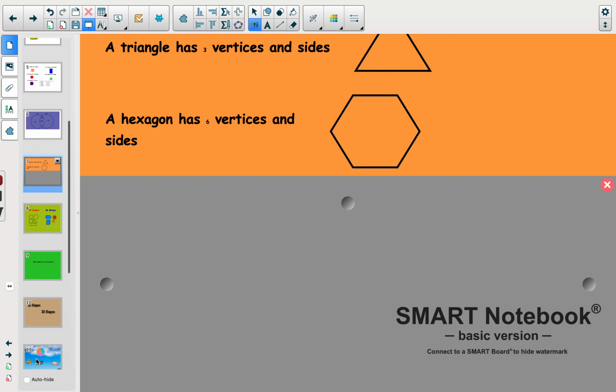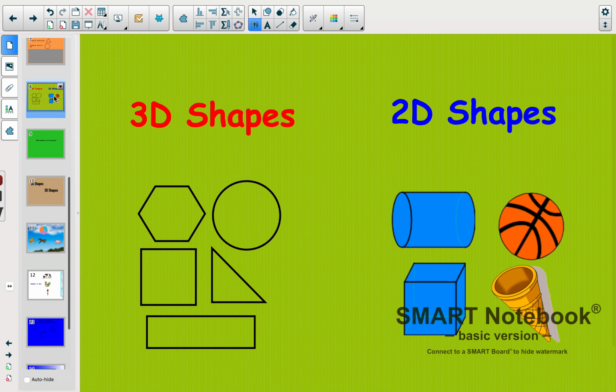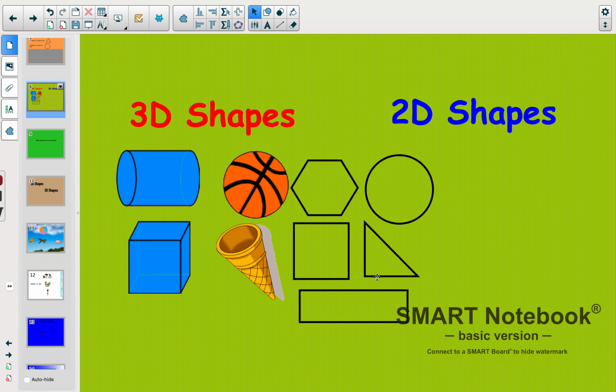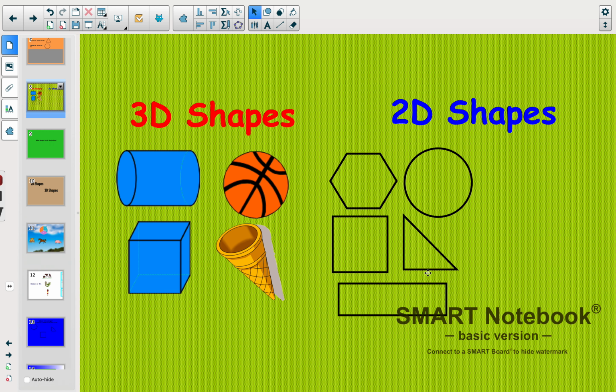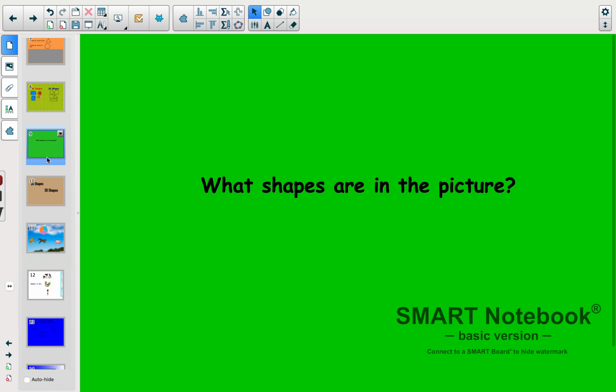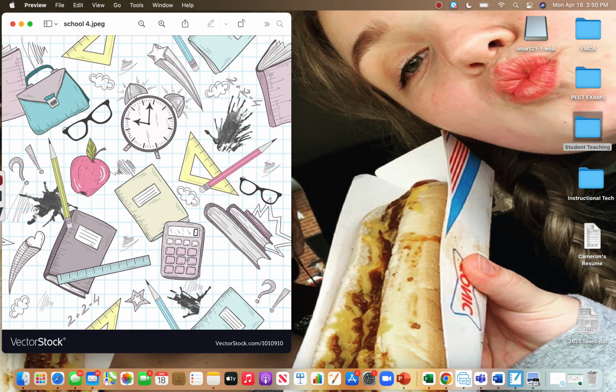Then we come down here to slide 8, where I group together different shapes. They would have to put them under the correct category. So those shapes would fit under 3D, and these shapes would fit under 2D shapes. On the next slide, we have what shapes are in the picture, which is a link.